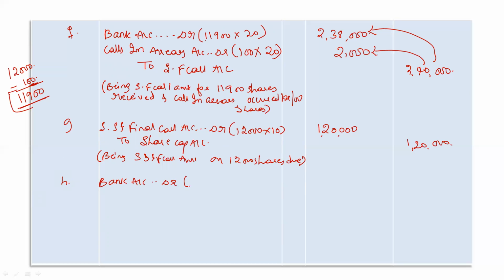Again, I am receiving second call amount for 11,900 shares only. 11,900 into 10, so basically I received 1,19,000 rupees into my bank account. Again, calls in arrears is my loss. During second and final call process, we have calls in arrears. That is also my loss. So loss again will be debited. Calls in arrears account debit.